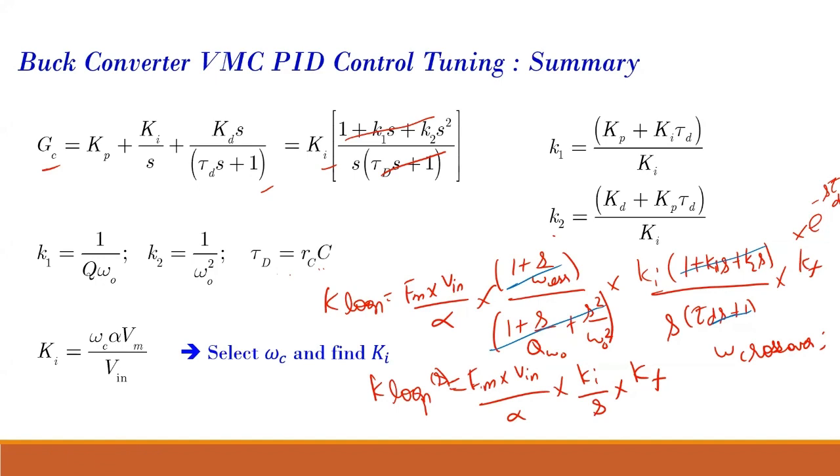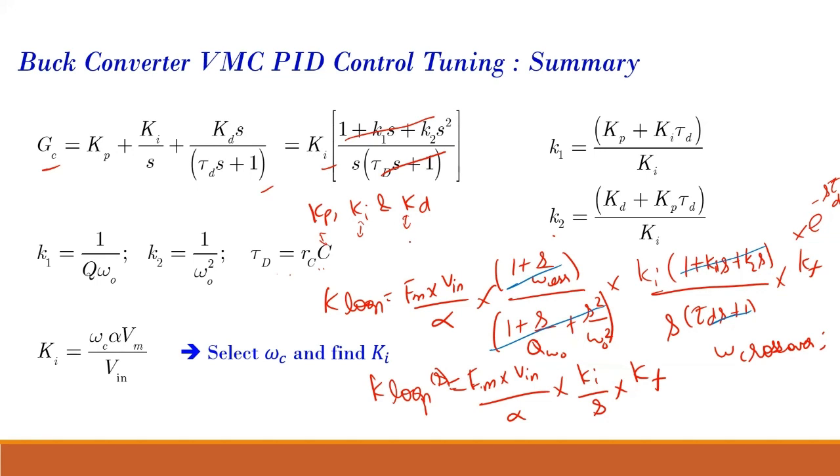This entire procedure is just a way to get the initial set of gains. You get an initial set of Kp, Ki, and Kd. Then you run your system with these gains, and you may feel that you have to increase or change something. Then you can vary them around these values and check the performance of the system.